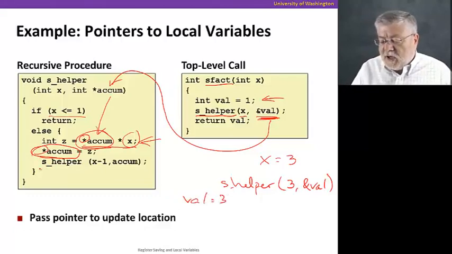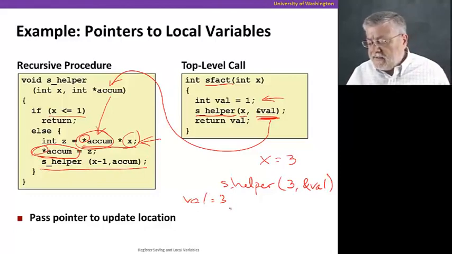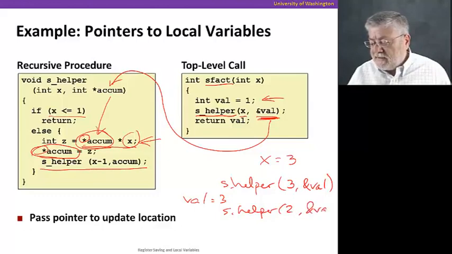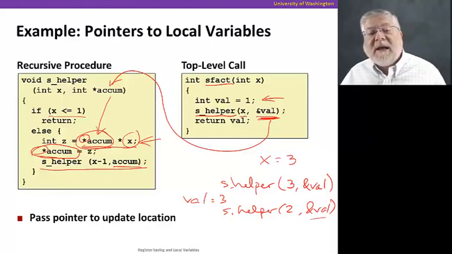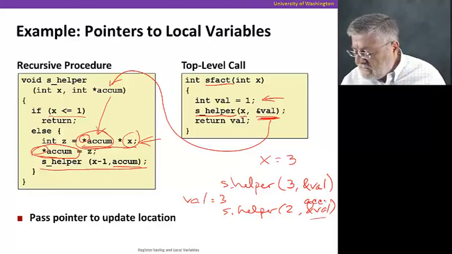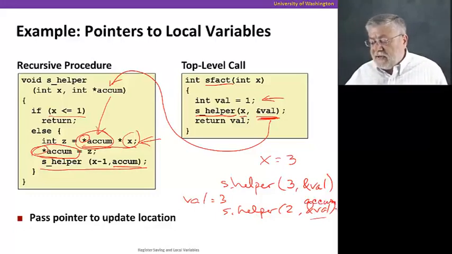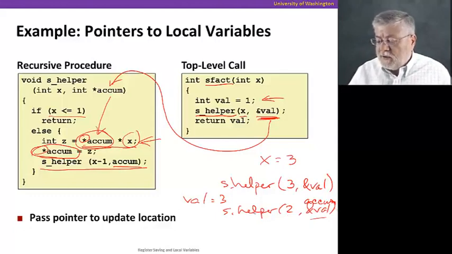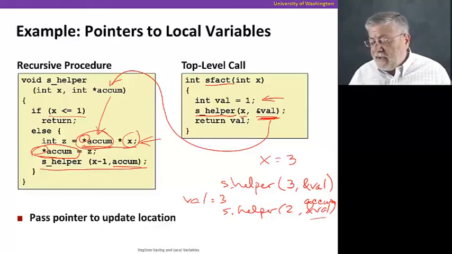But now shelper calls itself recursively, this time with the value 2 and the address again of that same place, although this time we refer to it by its local name, accum. So this is also accum, the same address that we passed in. Now when we do this call to shelper, x will be 2, and the value that we dereference with the pointer is the one that we just stored away earlier, 3.